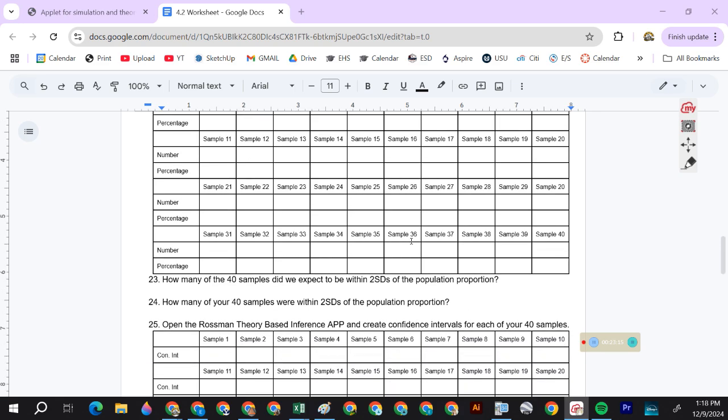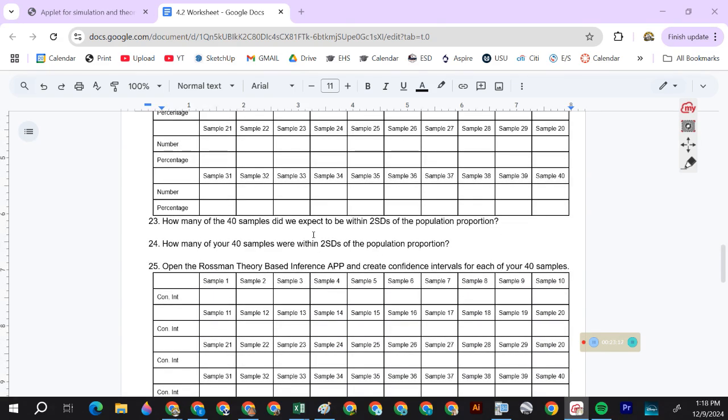No, I'm serious. All right, but look at 23. 23 says, hold on, pay attention to this. So 23 says, how many of the 40 samples did we expect to be within 2 standard deviations of the population proportion? That would be 95% of 40, right? What is 95% of 40? 38.